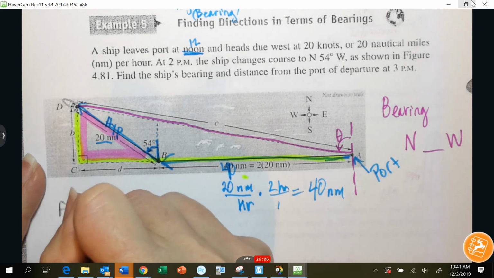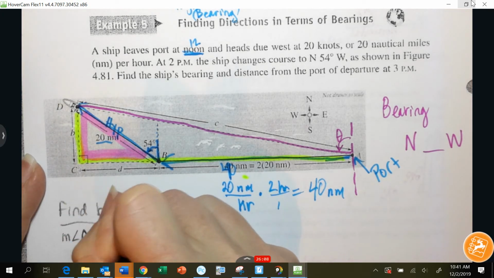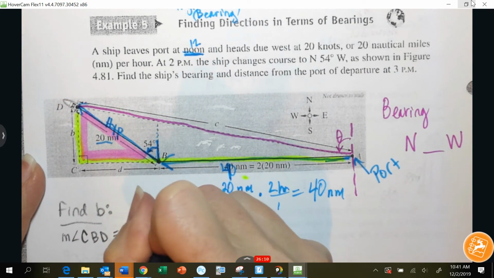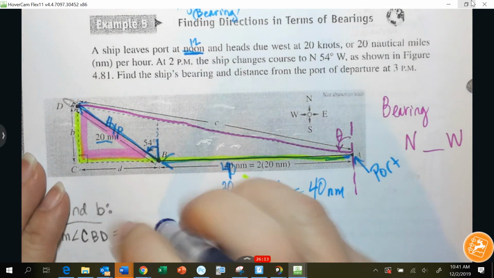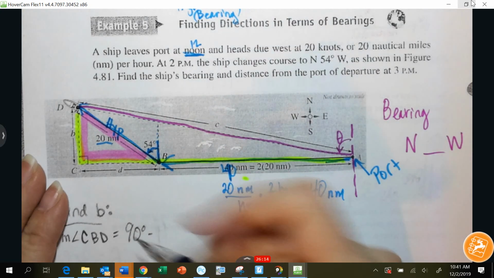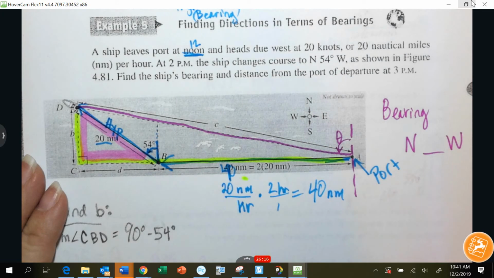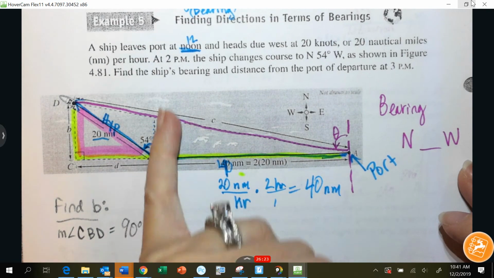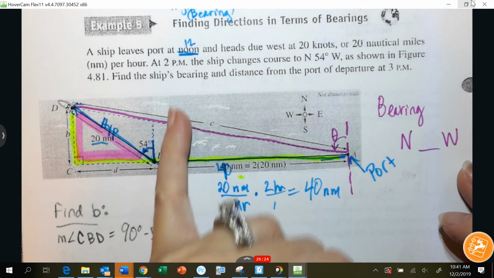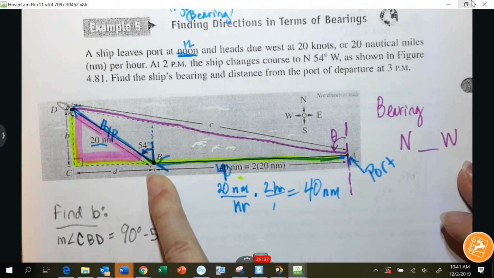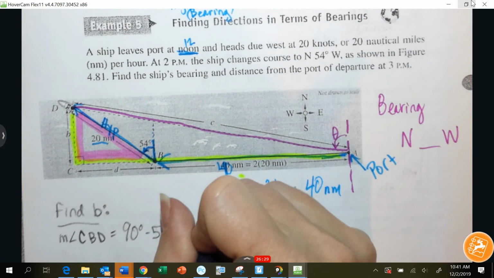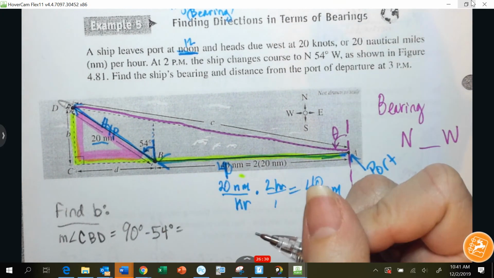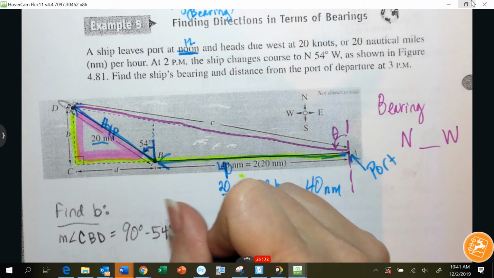Measure of angle CBD is 90 minus 54. Because this is due west, and we know that this is north, so they have to be 90 degrees right here. So what is that? 36 degrees.